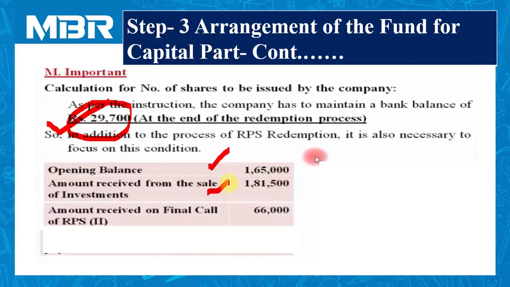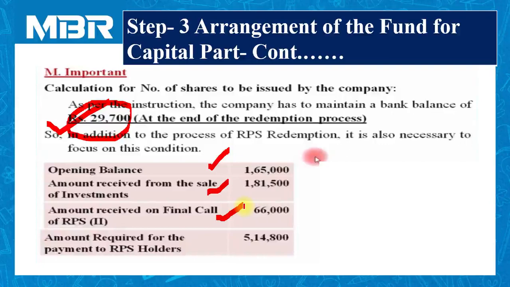Then we have received a final call of rupees 66,000 on RPS Capital 2. It is also a receipt for the company. Then we have to pay in total 5,14,800 to RPS holders. We have completed calculation of amount payable to RPS holders in step number 2, which is very much a routine for us.